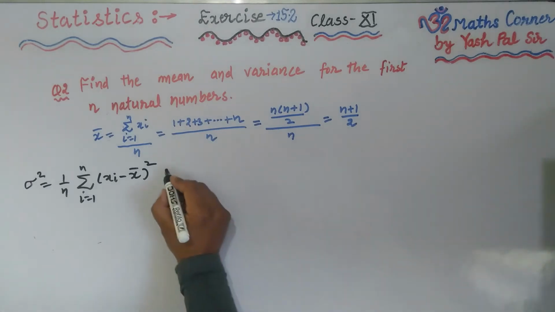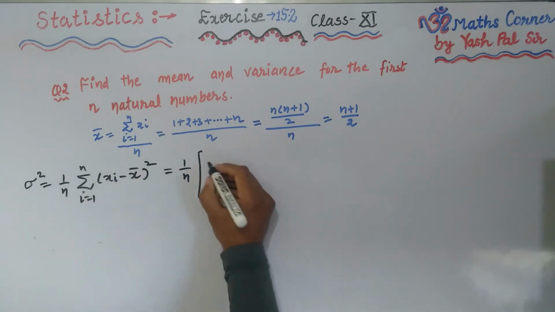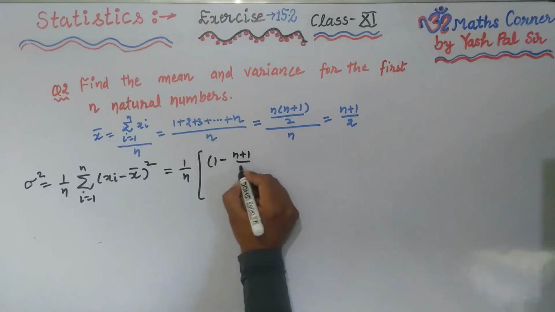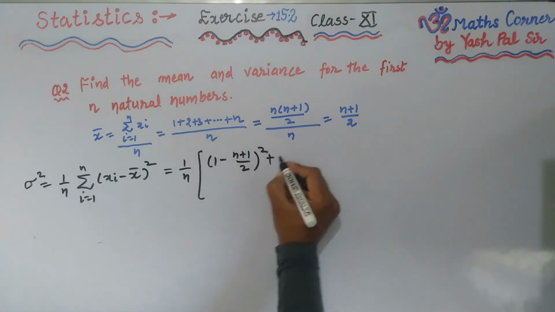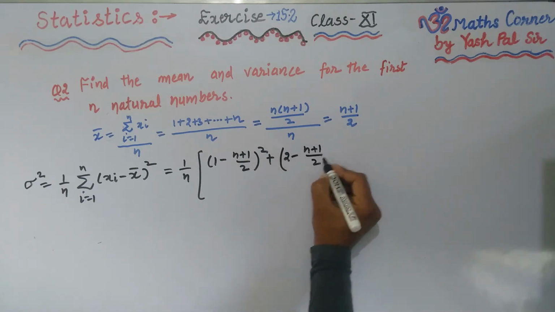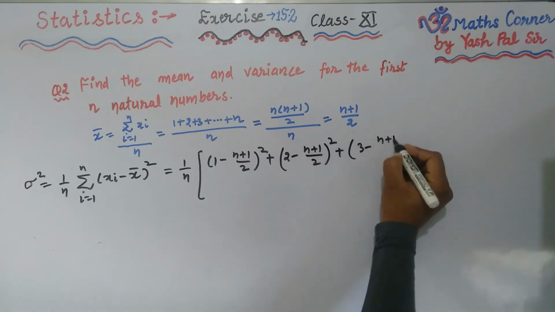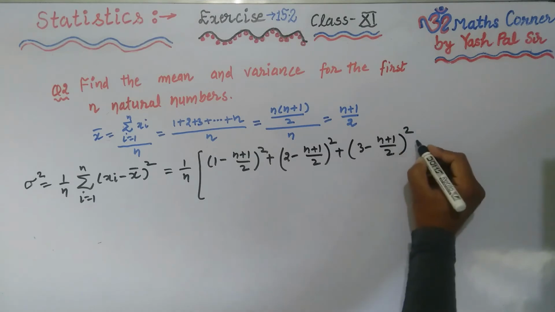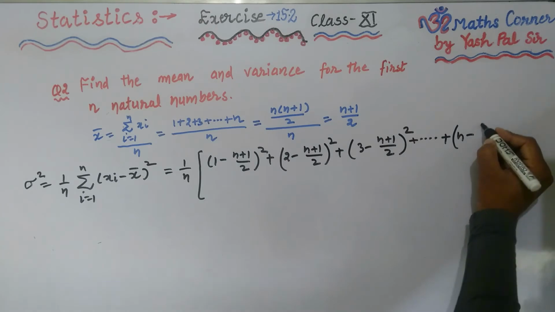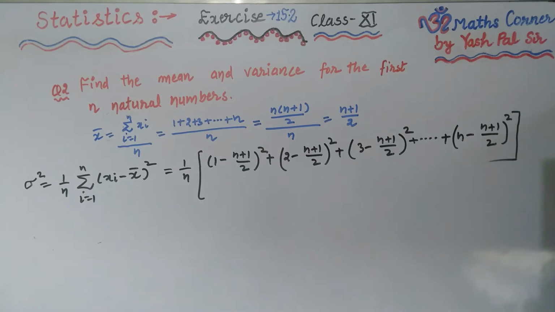So this is equal to 1 upon n into, first xi is 1, 1 minus n plus 1 upon 2 whole square, plus 2 minus n plus 1 upon 2 whole square, plus 3 minus n plus 1 upon 2 whole square, plus and so on, last term will be n minus n plus 1 upon 2 whole square, right?